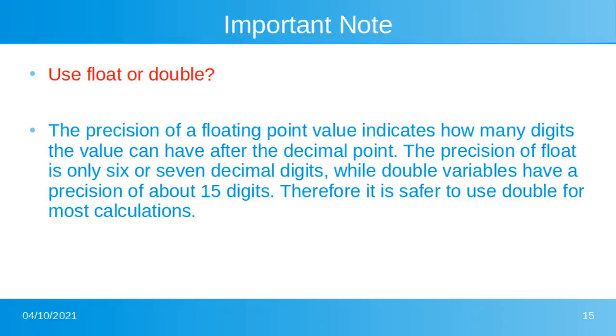The precision of a floating point value indicates how many digits the value can have after the decimal point. The precision of float is only 6 or 7 decimal digits, while double variables have a precision of about 15 digits. Therefore, it is safer to use double for most calculations.